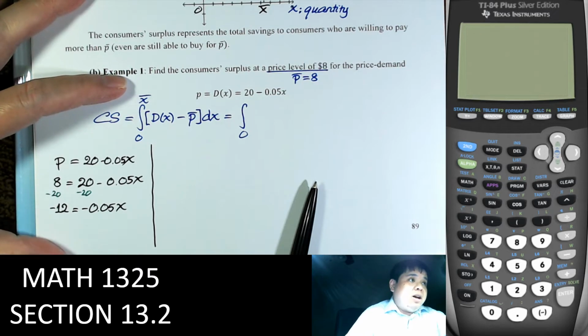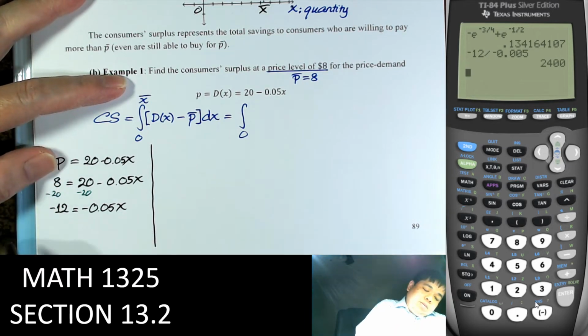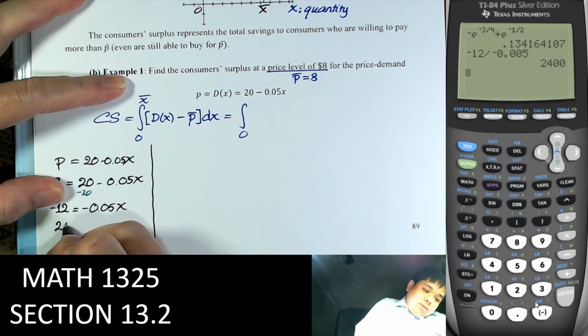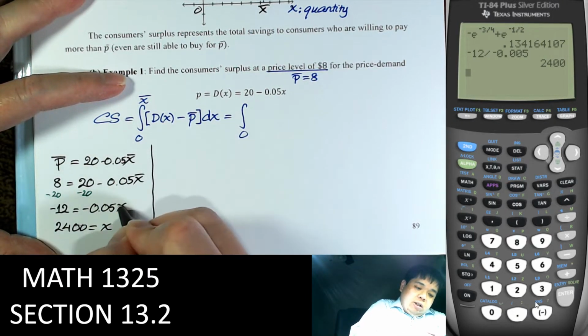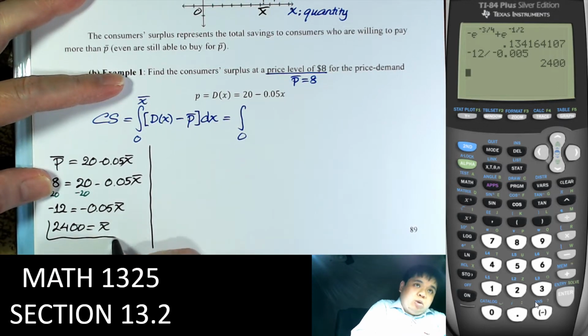And divide negative 12 by negative 0.05. We have 240. And since this is the P bar, we have the X bar equal to 240.